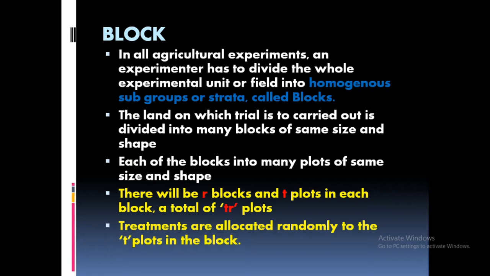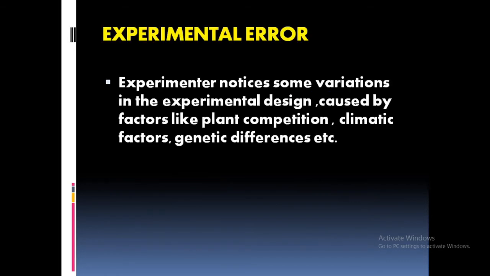The treatments are allocated randomly to the T plots in each block. Clear? That we will discuss later. So the terms are very important. What is an experimental unit? What is a treatment? And what is a block? Clear? Now, experimental error. So now you have divided the plot into blocks.